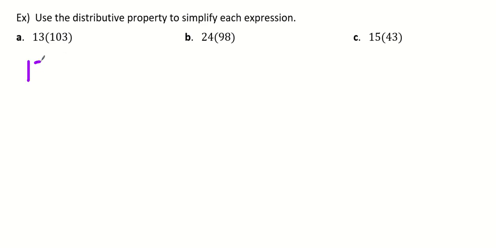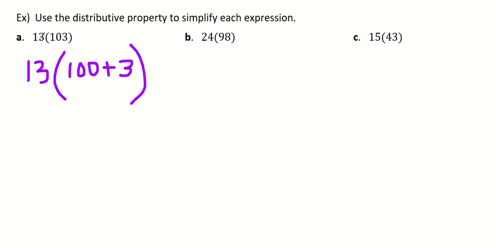What could I say about this? Let's say you wanted to do this in your head without a calculator. When people do something like this in their head, they're probably using the distributive property.